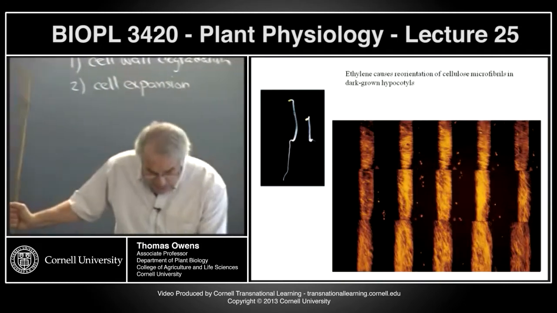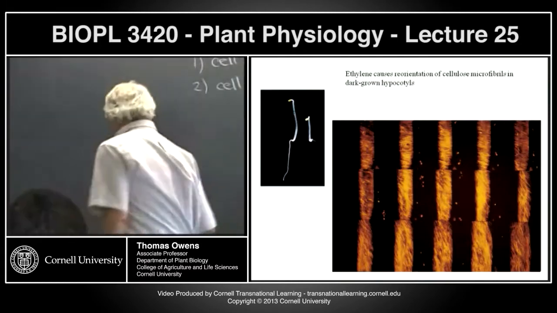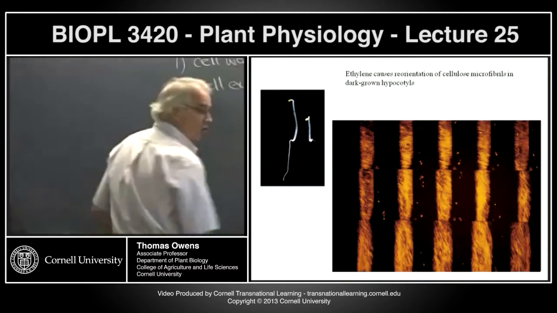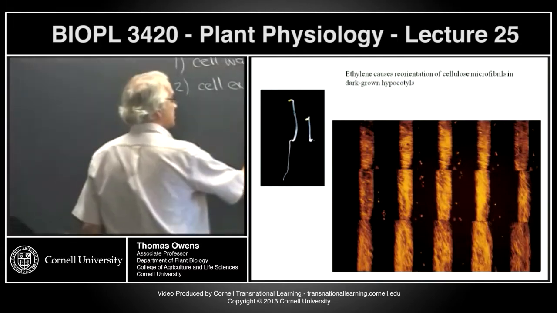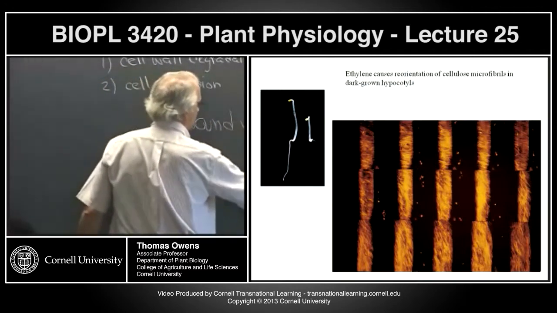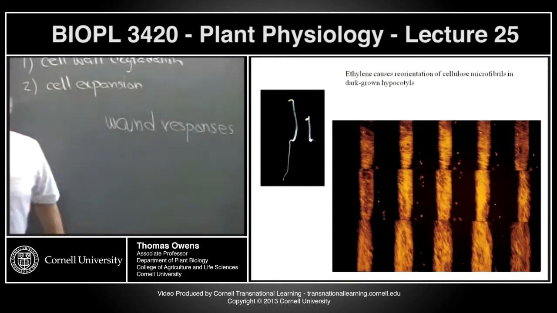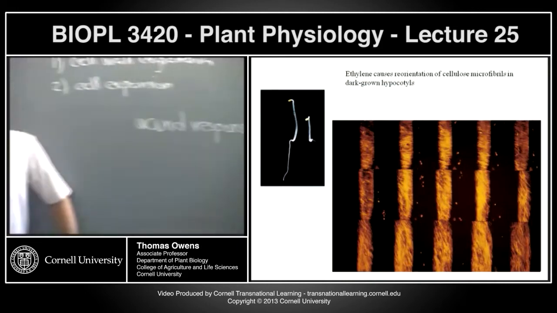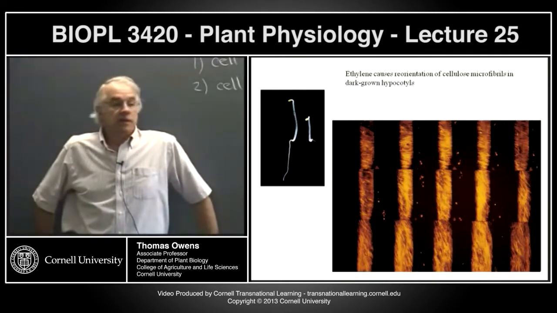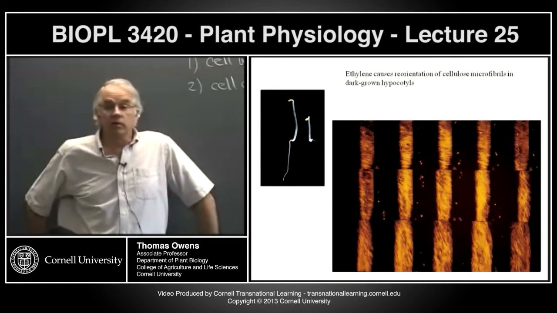Okay, the last thing I want to say something about is probably the most common role that ethylene plays in plants, and that's wound responses. We learned that the potential for every cell to produce ethylene is related to the ability of every cell to respond to a wound.